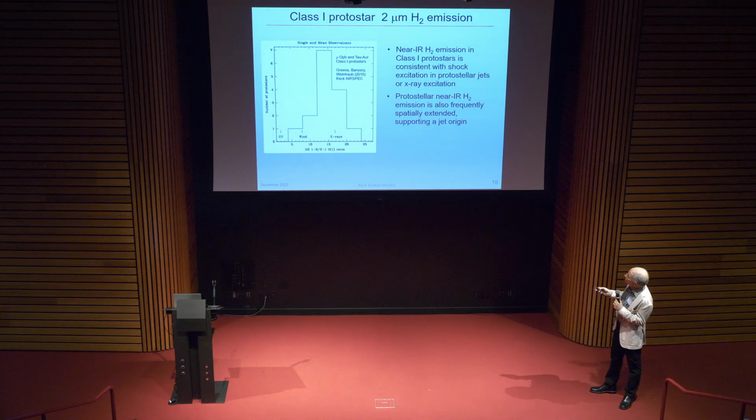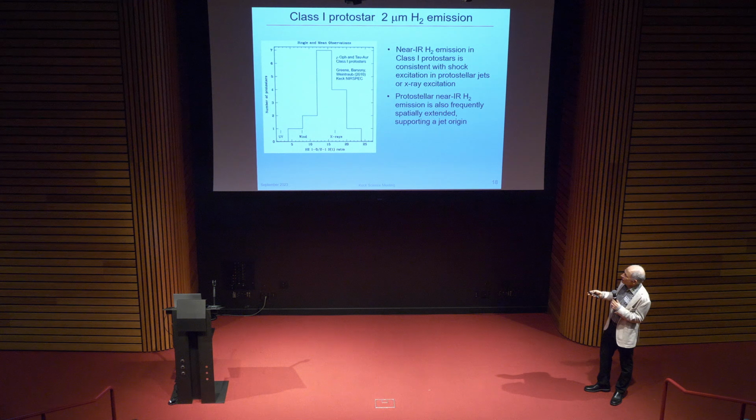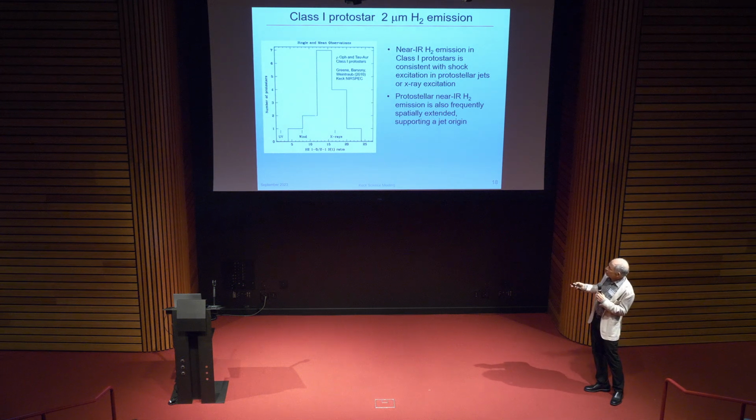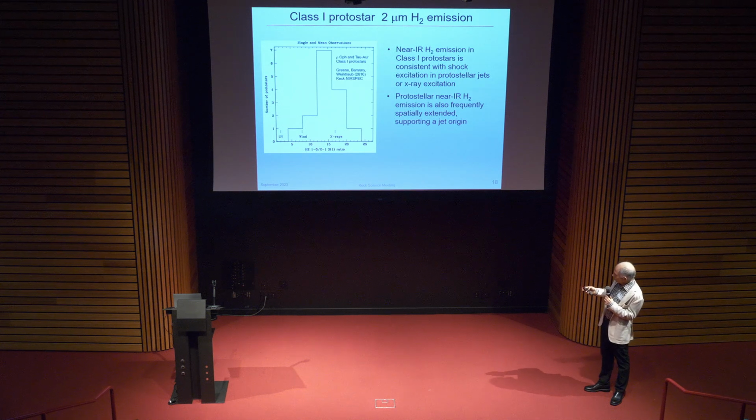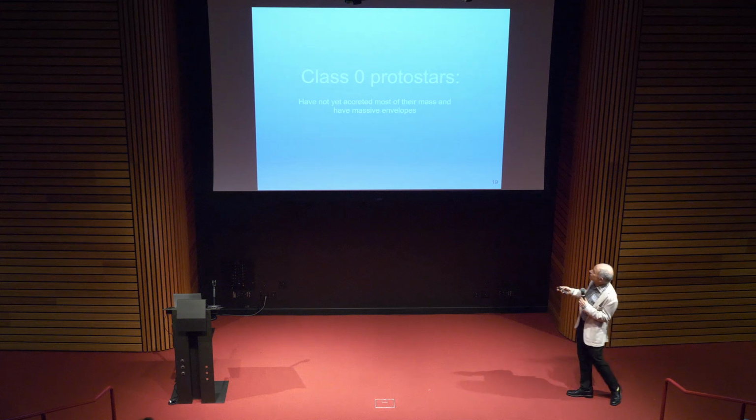You also frequently see this emission being spatially extended, so that supports the wind interpretation. The wind could be broader than this too, because it's not a particularly unique ratio.